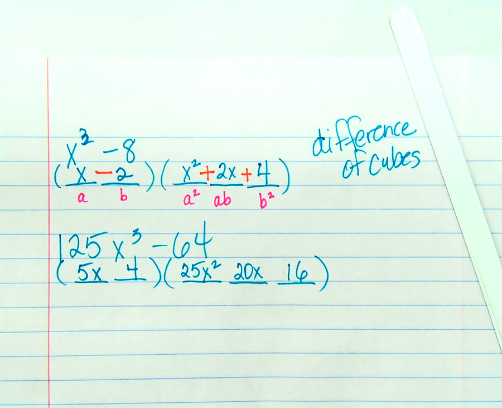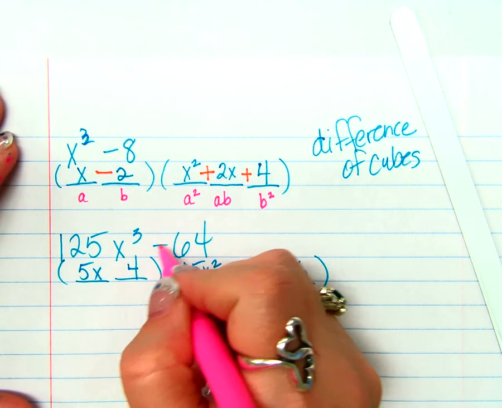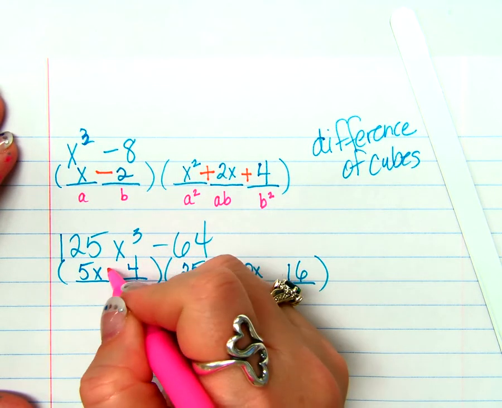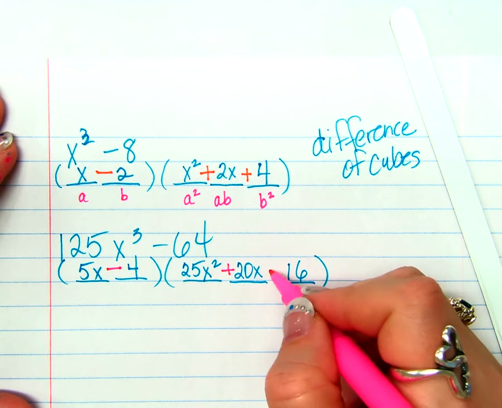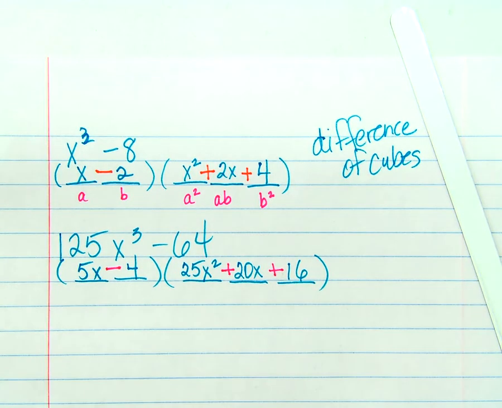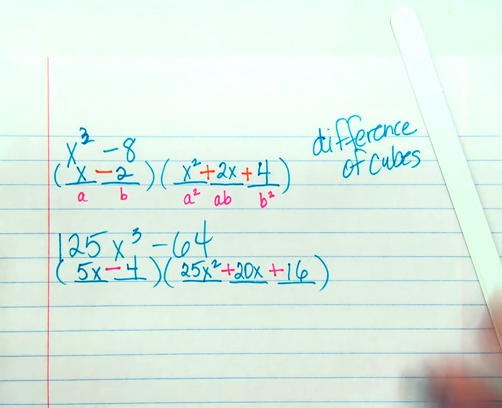Now let's do my signs. What's the pattern? Whatever's in the problem goes in the binomial. The next one is opposite of that. The last one, always plus. Questions?